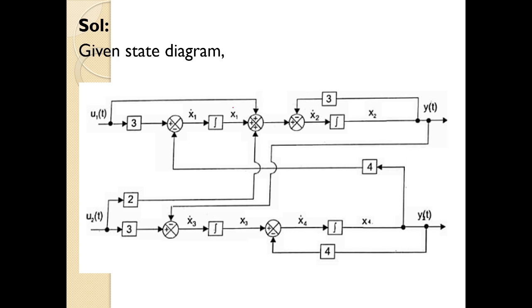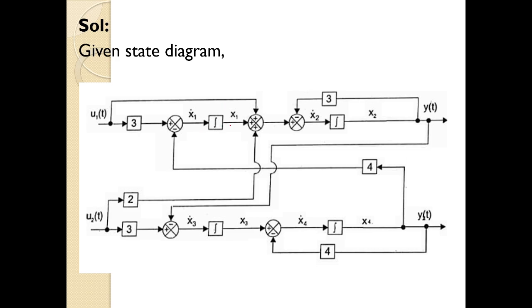Okay, once again I will repeat. So this is an integrator. These are the state variables x1, x2, x3 and x4. So if x1, x2, x3, x4 are the state variables, then input to the integrator must be the derivative.